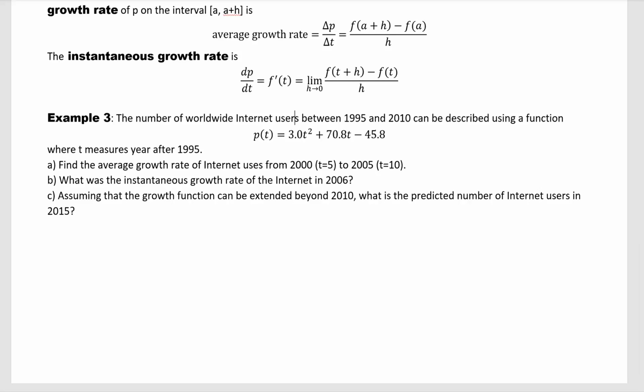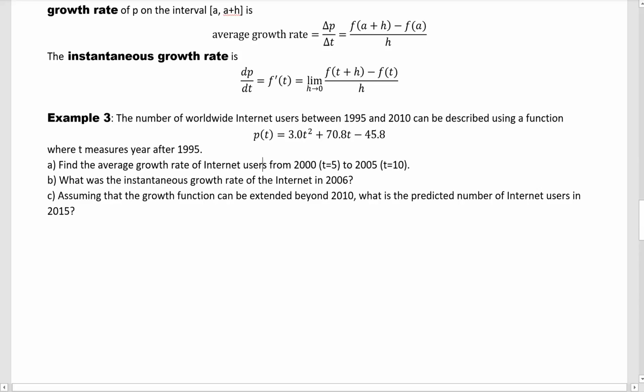Part A. Find the average growth rate of internet users from 2000 to 2005. So 2000 corresponds to t equals 5, because 1995 corresponds to t equals 0. Right? So we don't plug in t is 2000 there. It'll make the number super big.